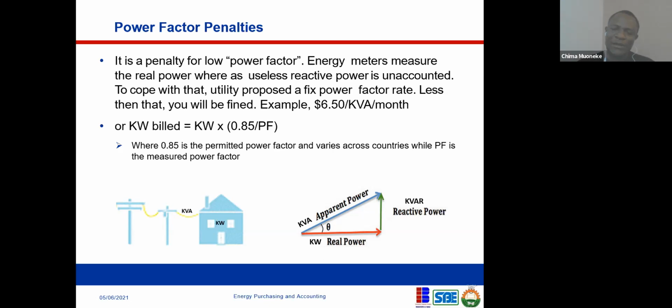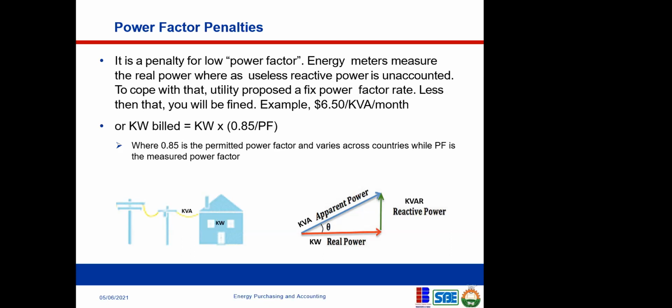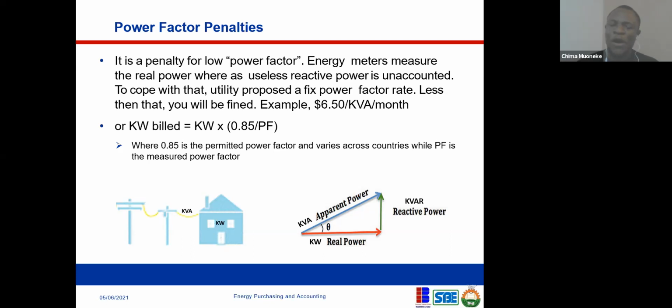Then I talked about the capacitive load, that actually corrects them. There's one other load, the resistive load, that is the electric heaters and all of that. Those ones don't have any impact on your power factor. So primarily, it's electric motors that induce poor power factor because of the magnetic coil that they have.